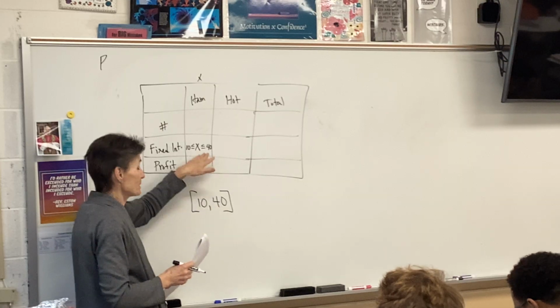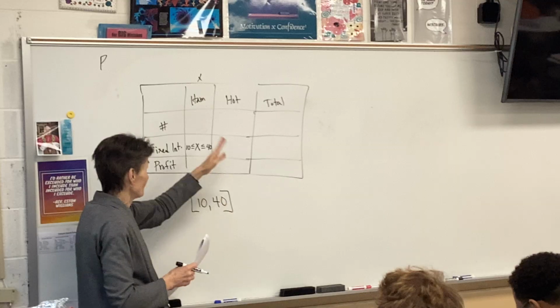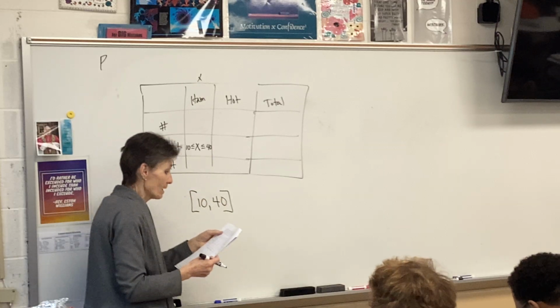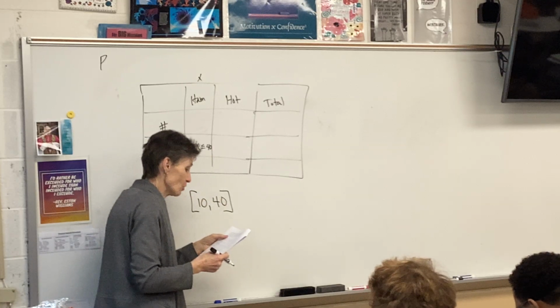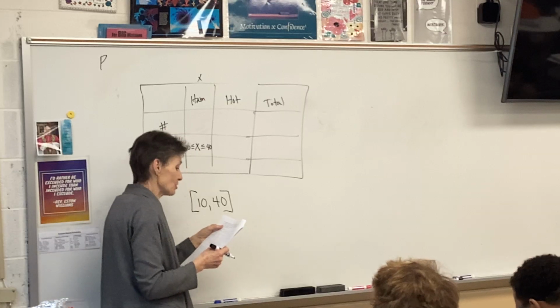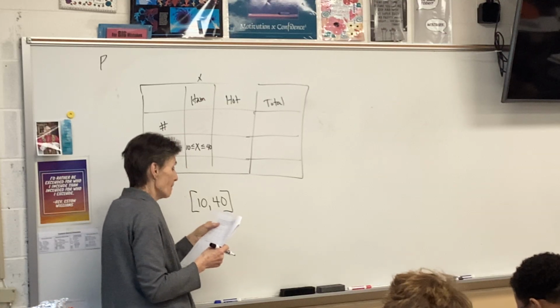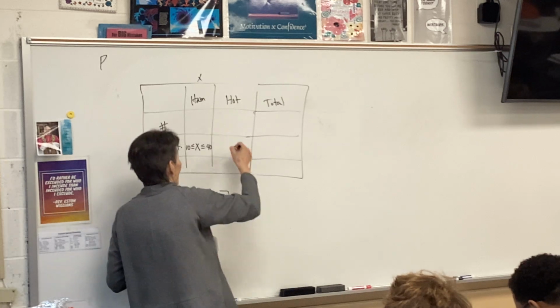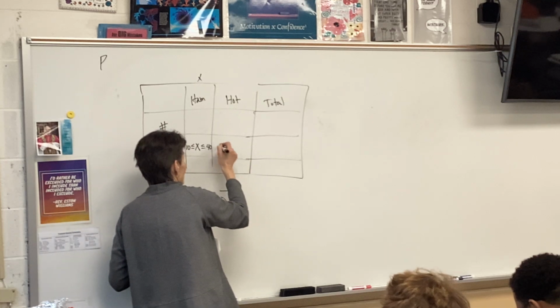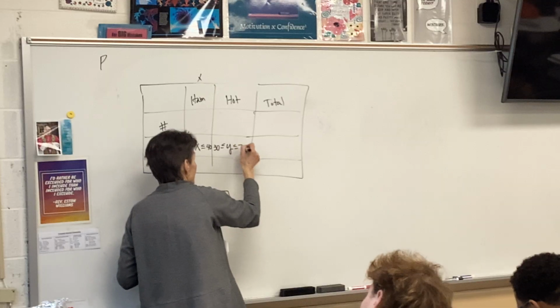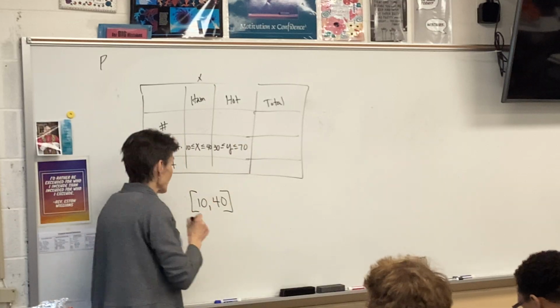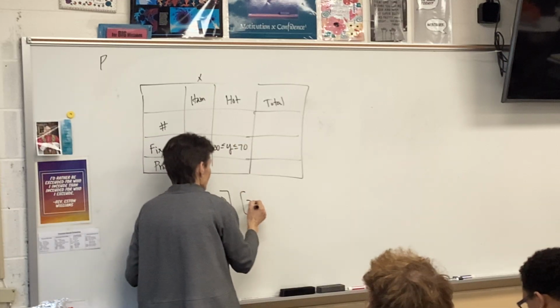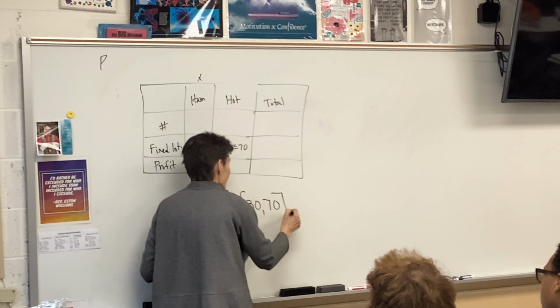Now, that is super simple to graph. I'll show you in a minute, but let's fill in the rest of the table. It must also sell at least 30 hot dogs, but not more than 70. So for hot dogs, we're between 30 and 70. And again, if you prefer to write that like this, that is A-okay.